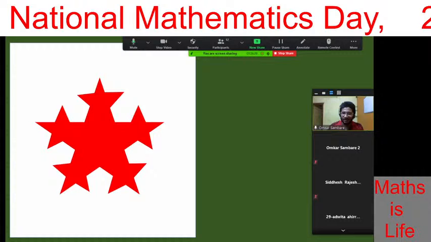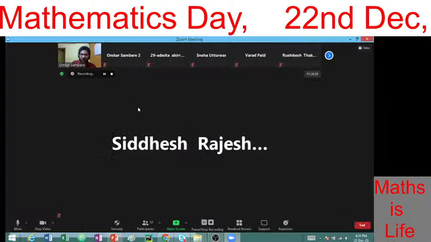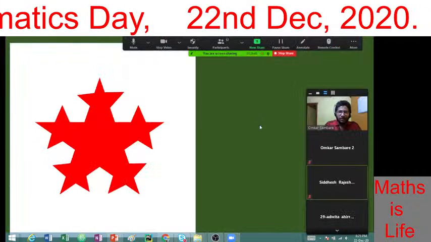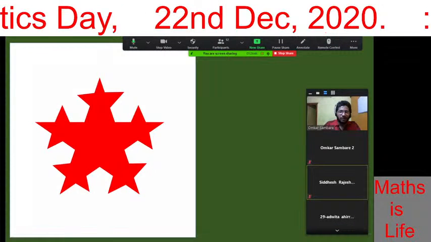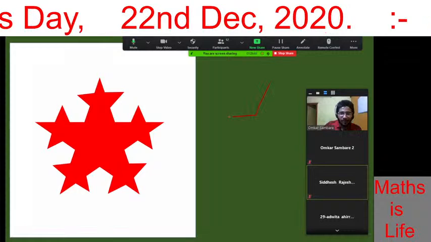You can draw first a star with 5 points. Oh, the screen share was stopped. Okay, so here is the figure how you can draw this. First you can draw the star with 5 points.